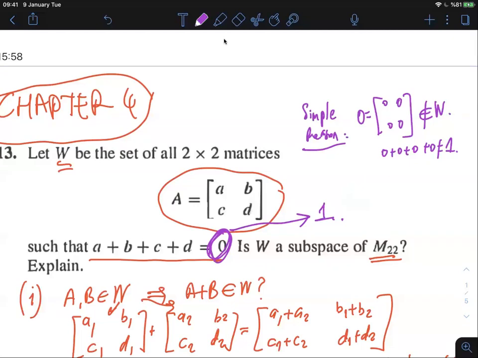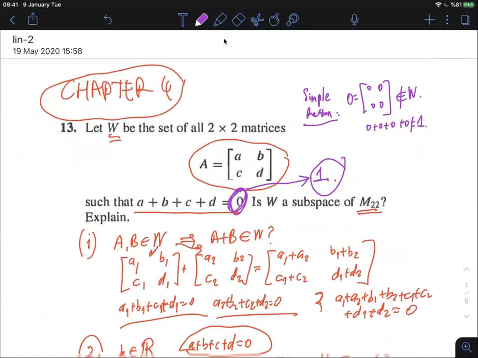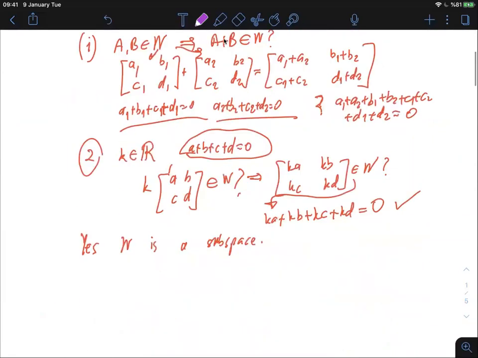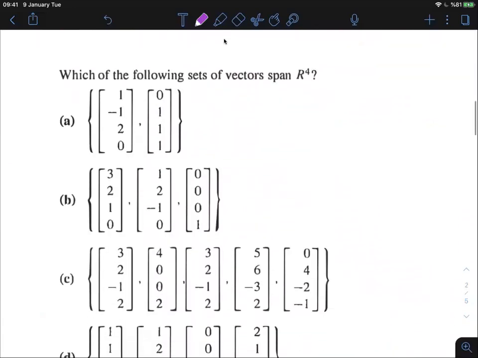So in this case, W cannot be a subspace. Okay. So if 0 was in W, it doesn't mean that it's necessarily a subspace. But if it is not, then it's necessarily not a subspace. Okay. That was the first problem.